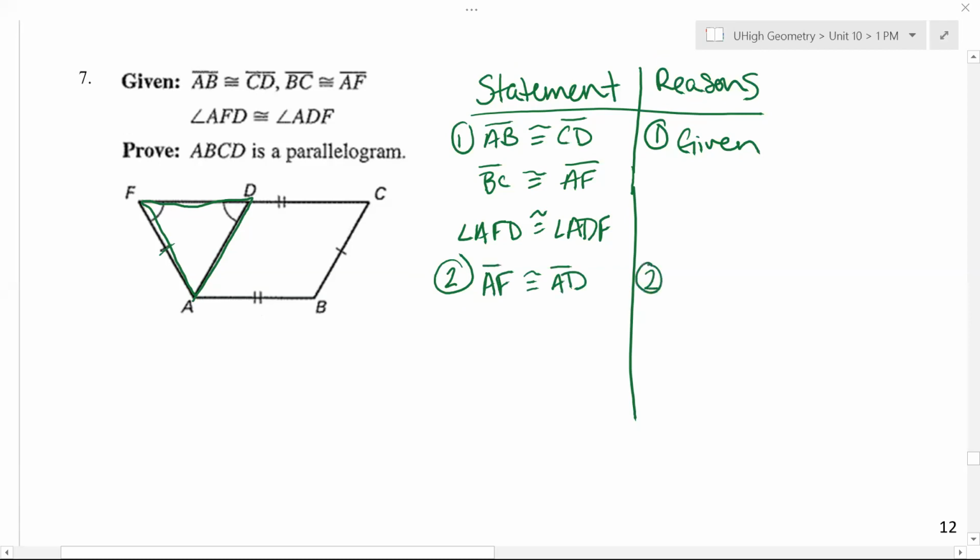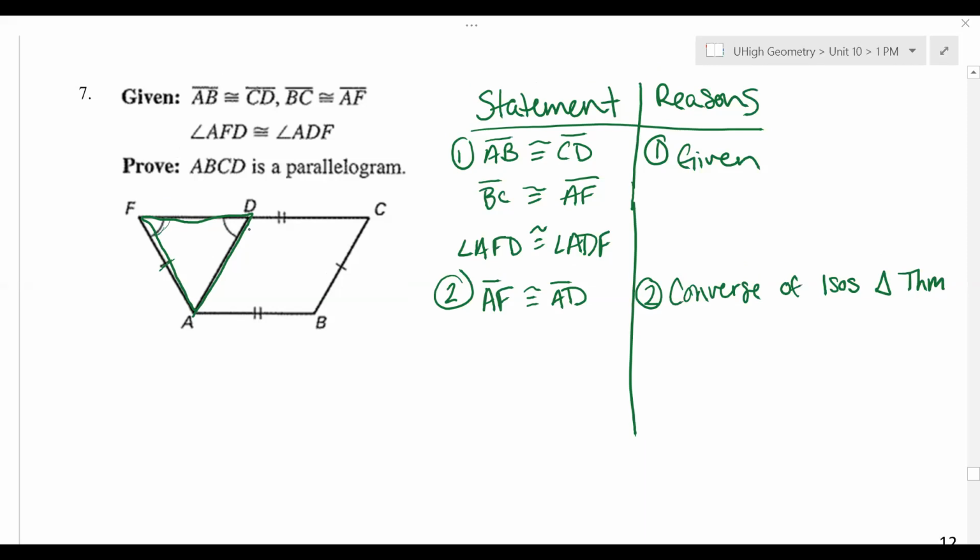My reason for this one is going to be the converse of the isosceles triangles theorem. The isosceles triangles theorem states that if a triangle is isosceles, then the 2 base angles are congruent. So for the converse, if 2 base angles are congruent, which would be angle F and angle D, then the triangle is isosceles, so we know that AF is congruent to AD.